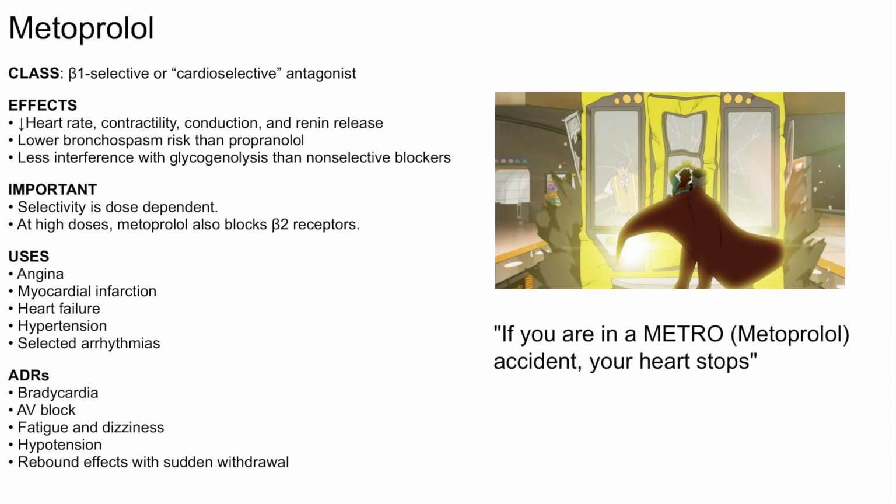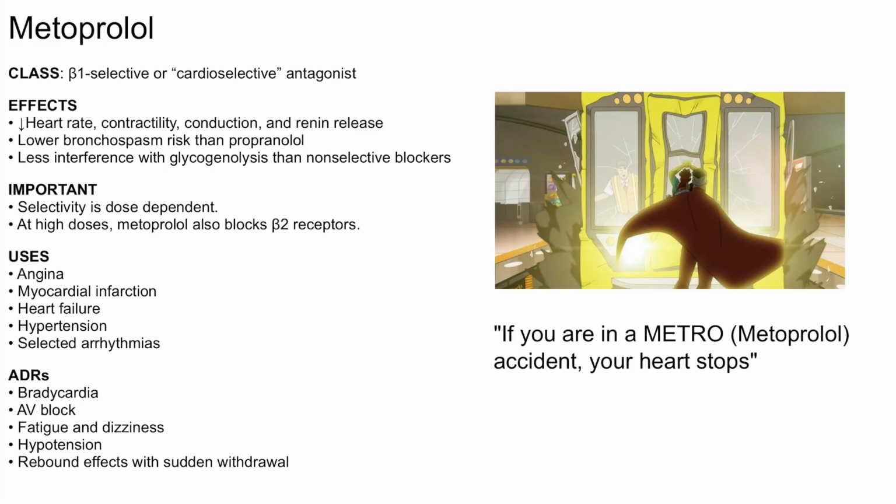And the way I like to remember metoprolol is, if you guys have seen the show Invincible, if you haven't, no worries. There's this fight scene where basically the bad guy, who's essentially evil Superman, takes the other superpowered human being and holds him in front of a train, and as the train just runs through the guy, everybody in the train just gets shredded because the other superhero is invincible as well.